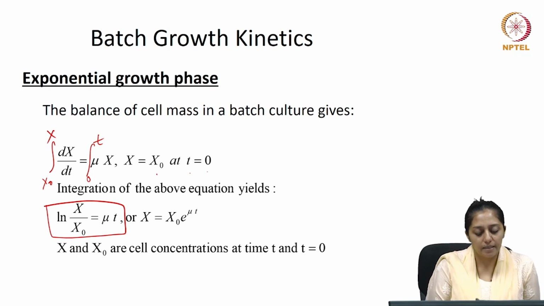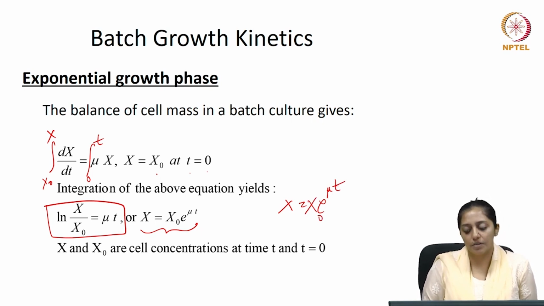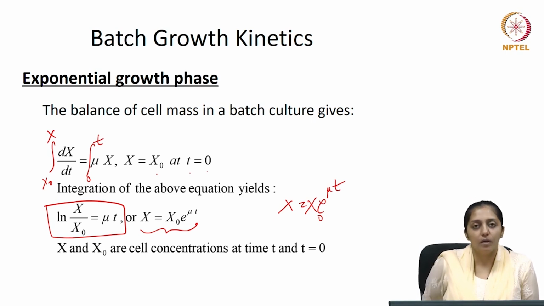It will be ln x by x naught is equal to mu times t. Further changing into exponential form, your x becomes an exponential function of time multiplied by the initial concentration. So, this is how in batch growth your biomass concentration will be changing with time if the specific growth rate of the culture is mu.